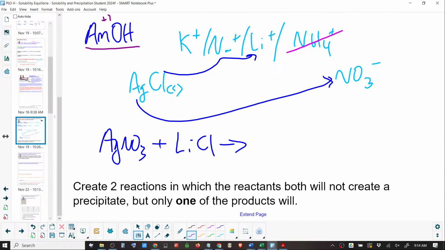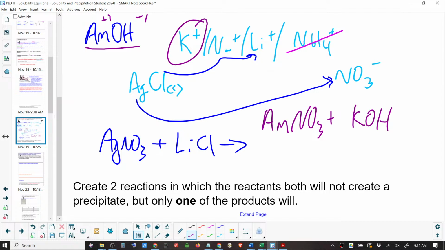This is clearly +1 because hydroxide is -1, so we would make it Am with our negative, NO3, plus, let's pick potassium this time, KOH. Those have to be soluble because nitrate and potassium are always soluble because it's an alkali metal and nitrate. And then it will make our americium hydroxide and potassium nitrate. So whenever you see an alkali metal and nitrate, you know that you have a pairing that's going to make a precipitate. It's going to be the other one.